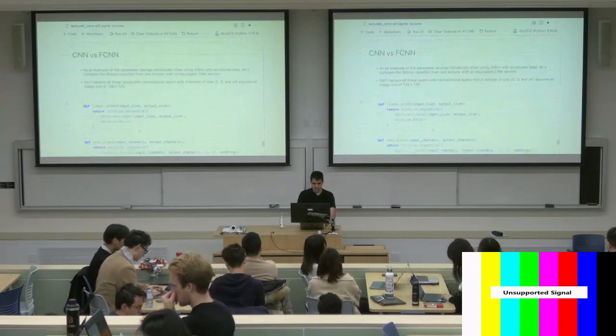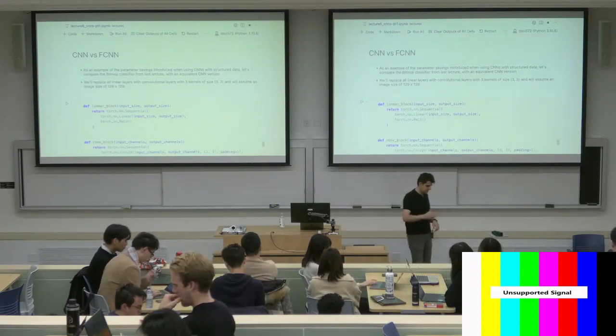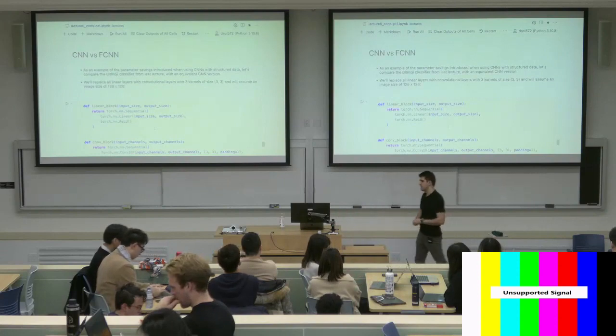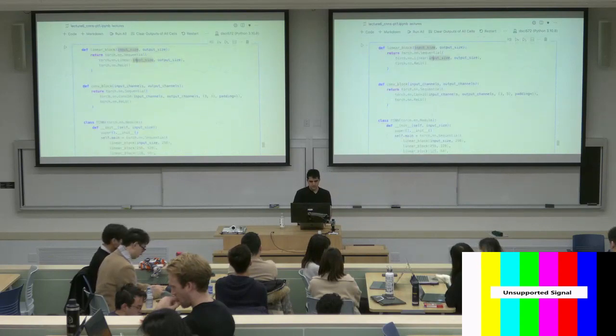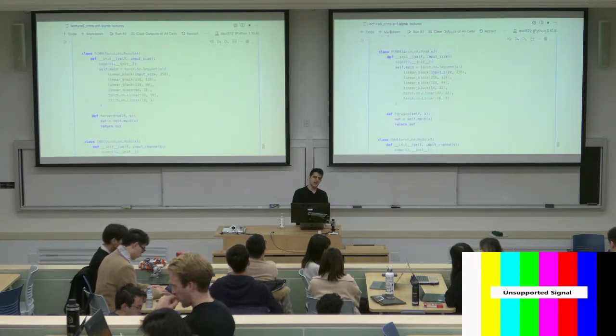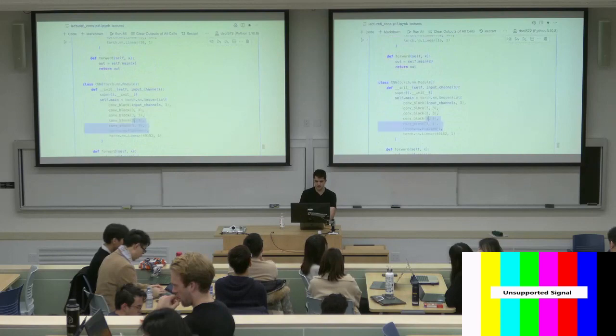All right. So just to give you a comparison between CNNs and FCNNs, fully connected neural networks. I'm defining a fully connected neural network like we had in the previous lecture. So only linear layers followed by activation functions. And in this case, I have convolution layers.